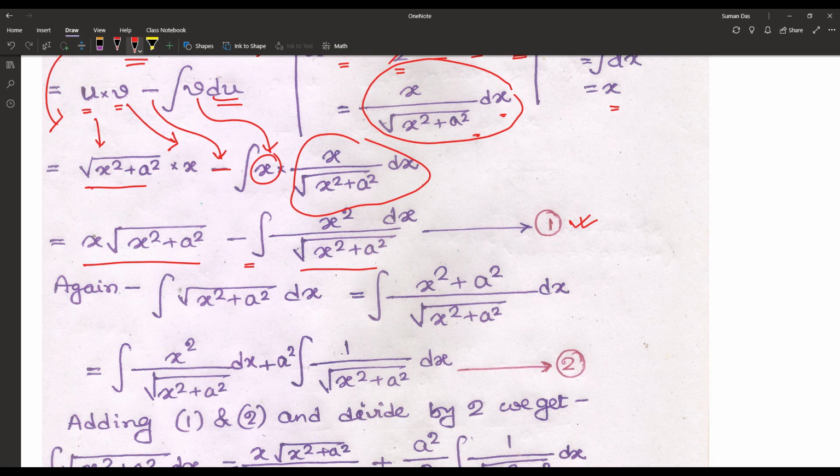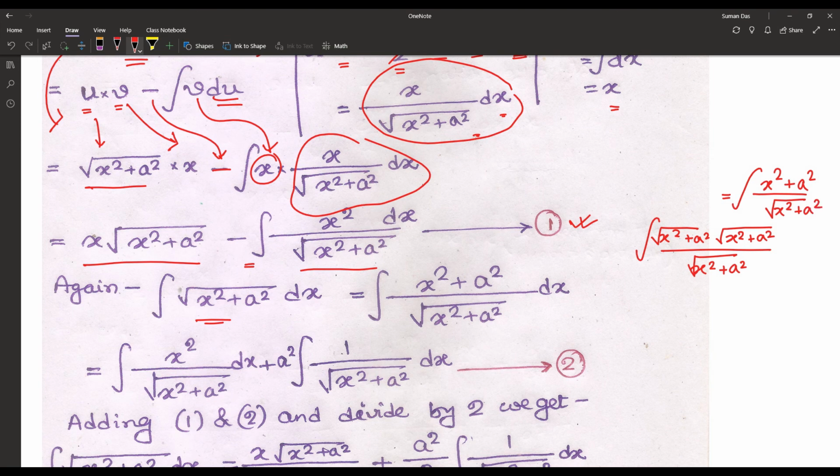Let's check the other thing. If we write that, x squared plus a squared is only a part. So again we are multiplying with the square root of x squared plus a squared, so we have to divide it by the square root of x squared plus a squared. So that becomes the integration of x squared plus a squared divided by the square root of x squared plus a squared.